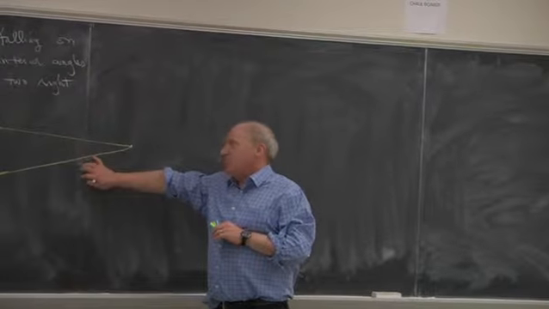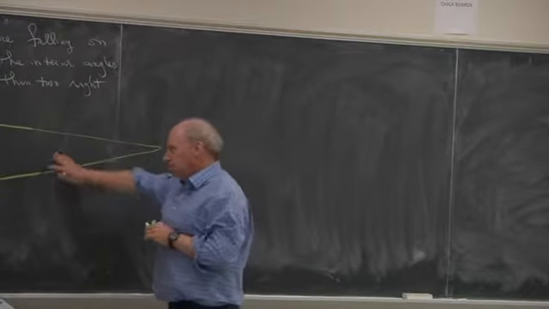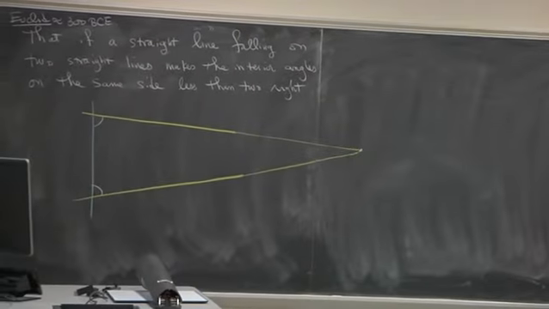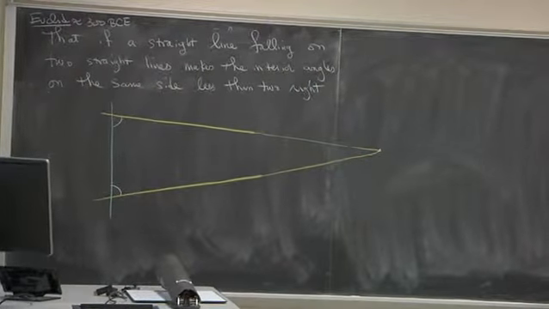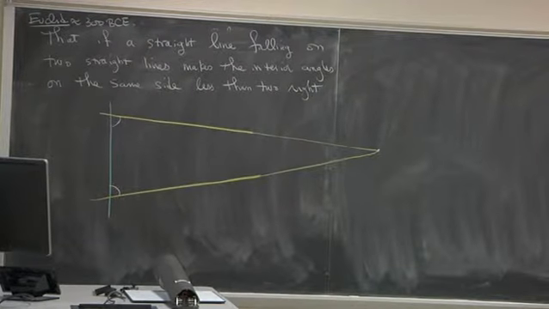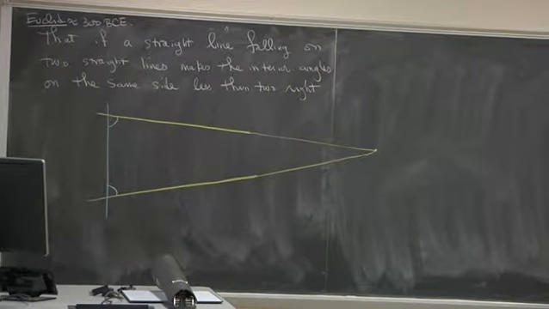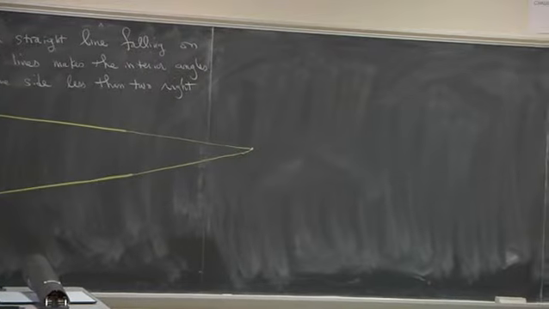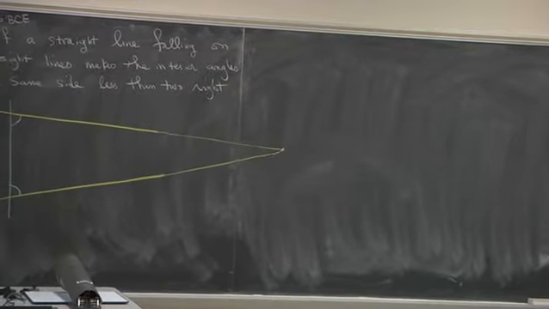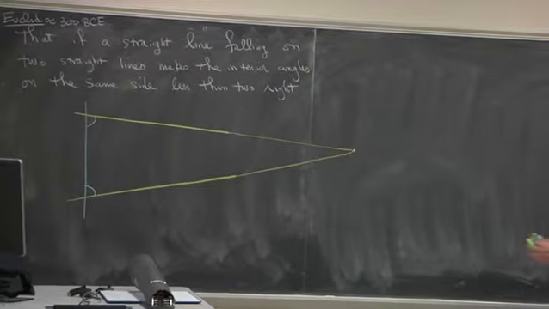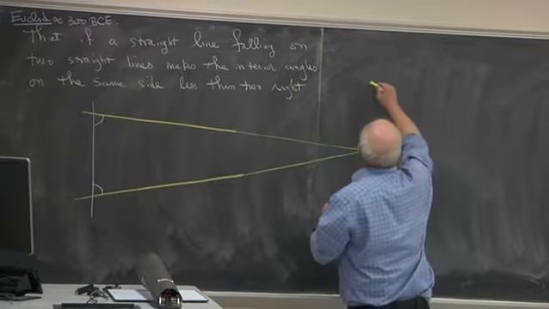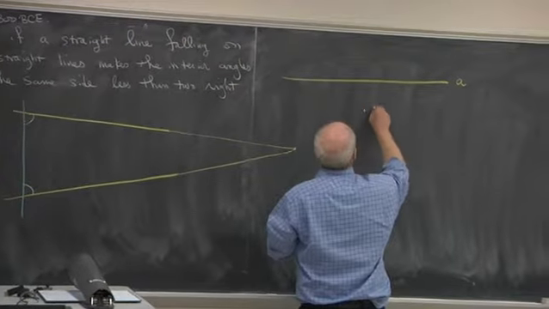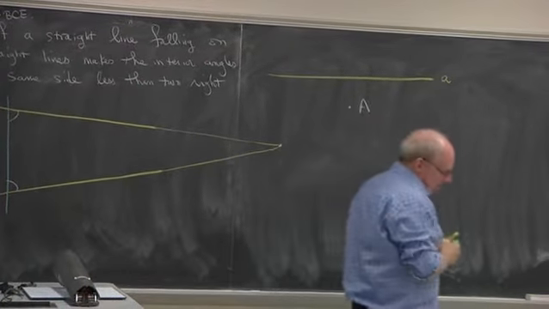But this is the parallel postulate that when David Hilbert, German mathematician, many years later, just before the turn of the 20th century, wrote a book about a kind of modern version of the Elements, about the foundations of geometry. And in his version, that postulate says, let a be a line, so we have a line called little a, and let capital A be a point not on that line.